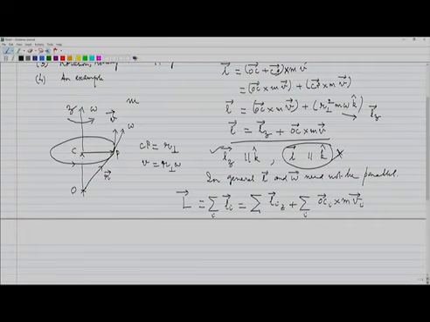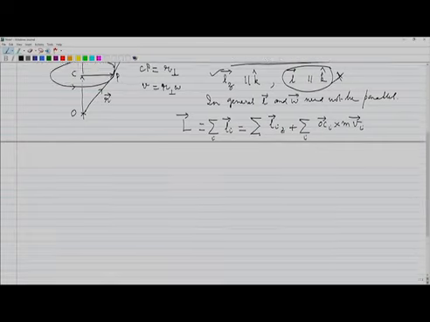It is a straightforward generalization. Now we call this quantity L: L_Z is the cumulative sum of all the Z components, plus the other term, L perpendicular.